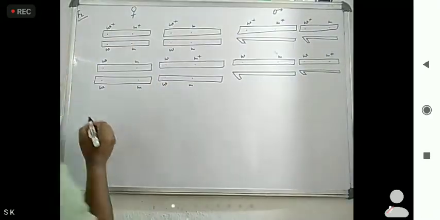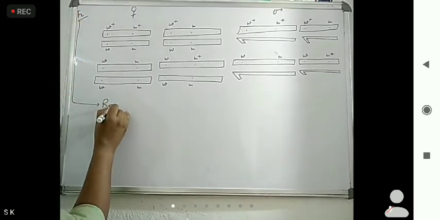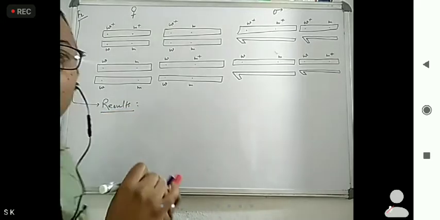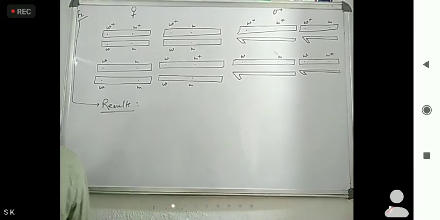Okay, now in F2 generation what results came, and these results are the outcomes, or the values that you have to remember.